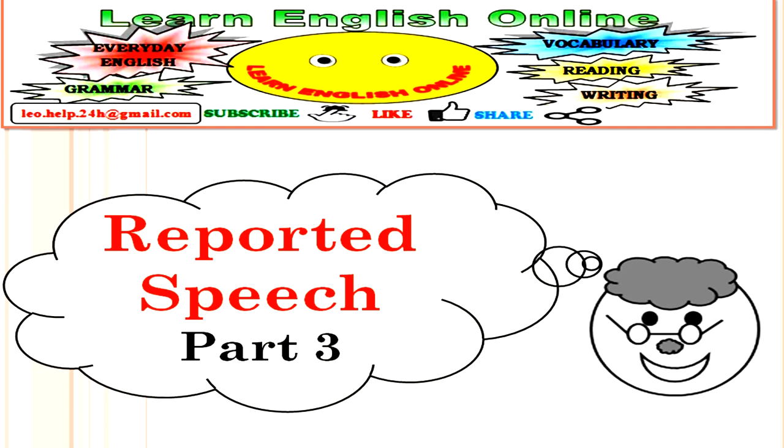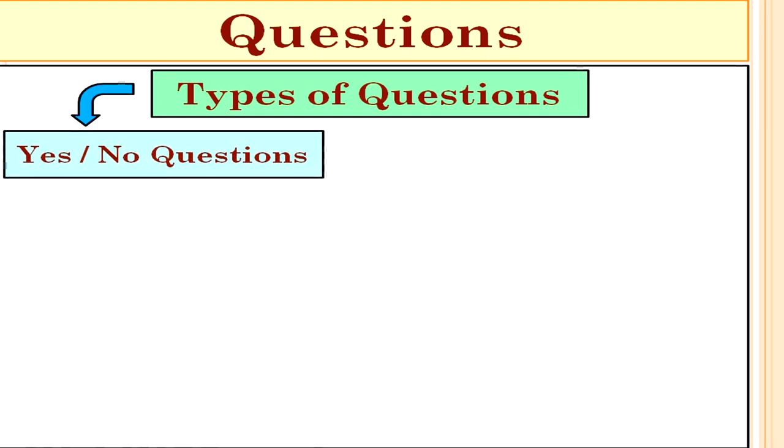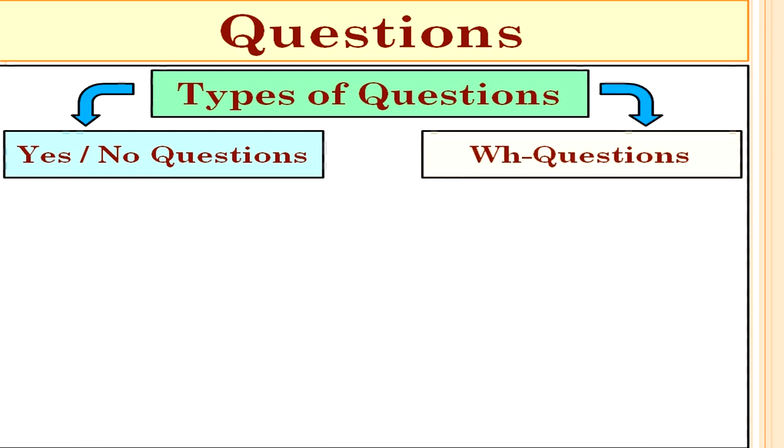Sometimes you want to report questions, but you don't know how to do it. Before giving you the answer for this, you should know the types of questions that we have in English first. There are 2 types of questions in English: yes-no questions and WH questions.